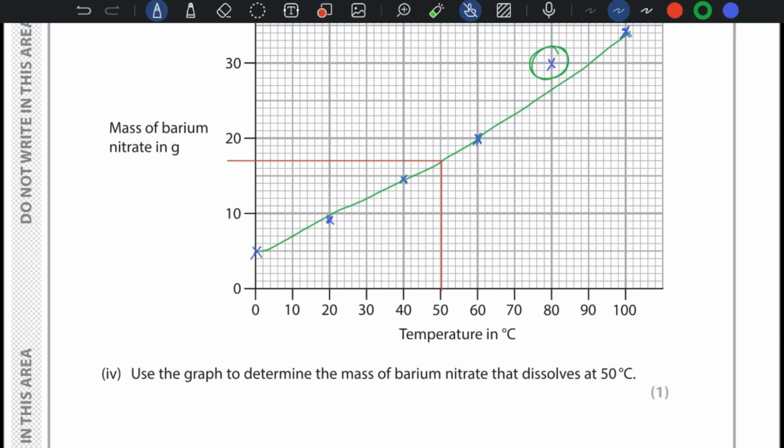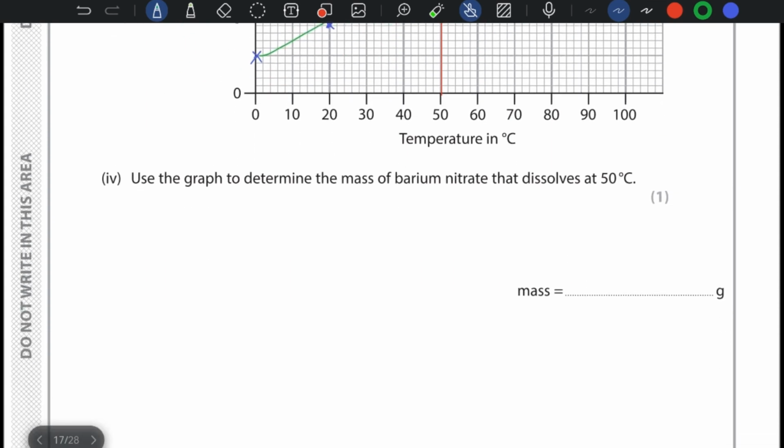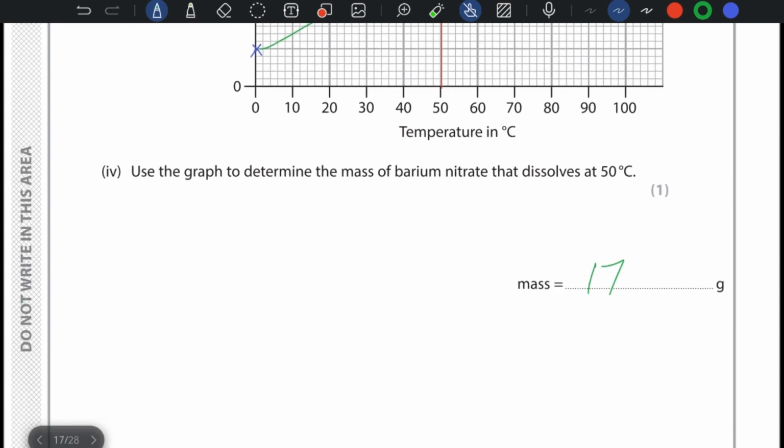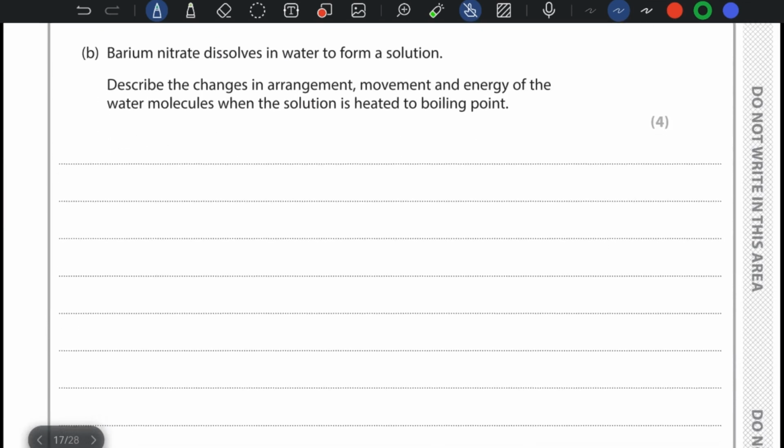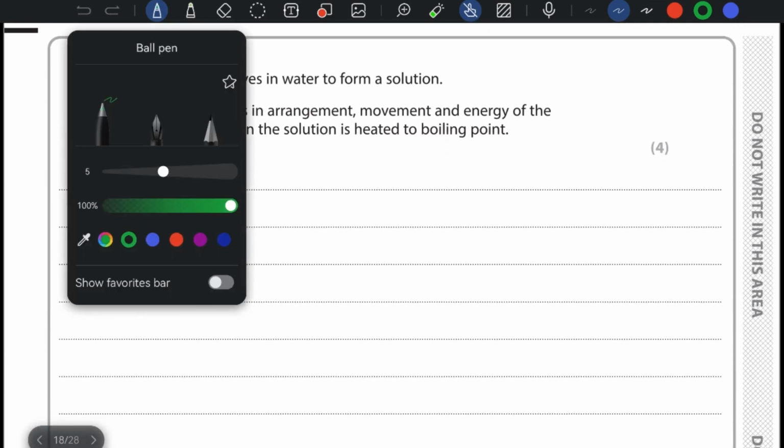As you can see, here is 17. So we can write 17 gram. It's accepted from the range 16.5 to 18. But as you can see, we found it as 17 grams from the curve. Next part.